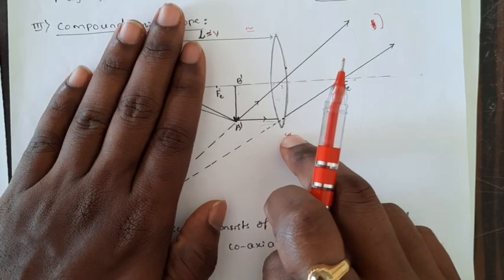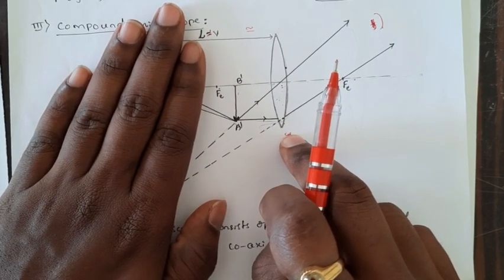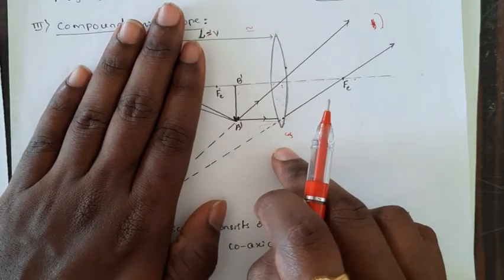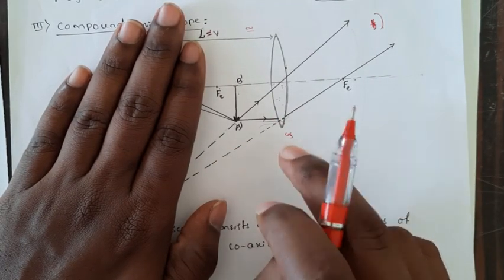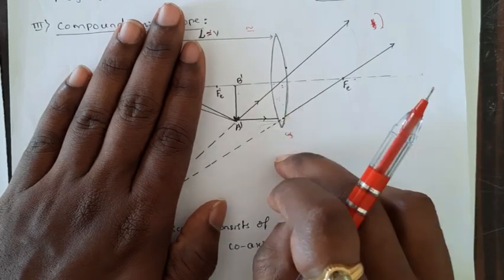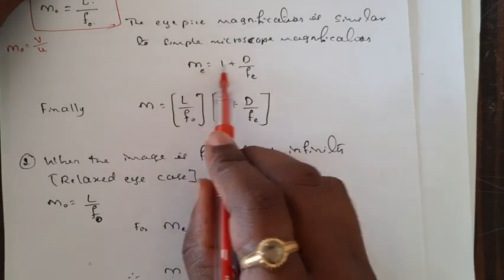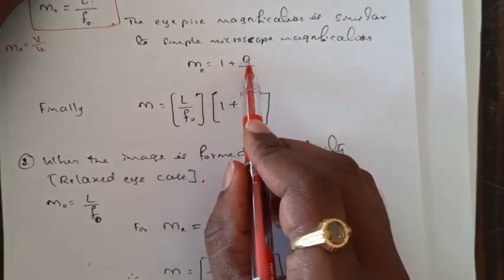If you want to get the image at the near point, we have already derived in the simple microscope case that m is equal to 1 plus d divided by f. So I have taken that equation directly. For the stressed eye, me will be 1 plus d by fe.